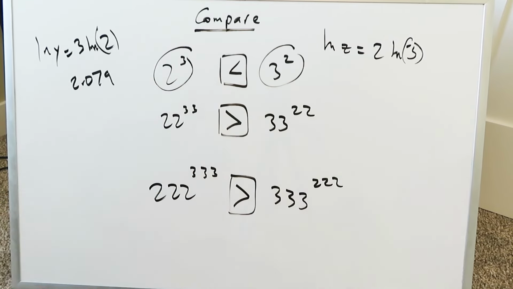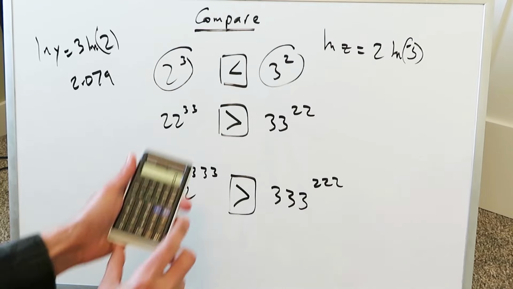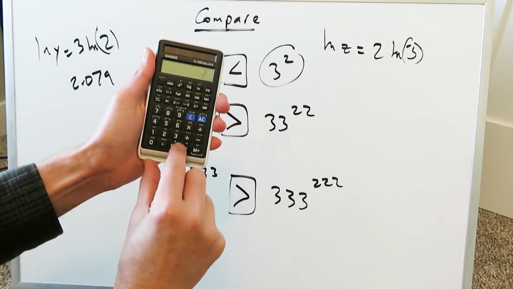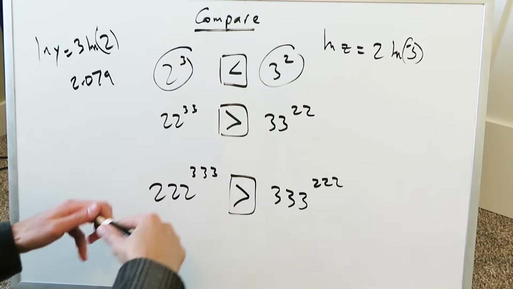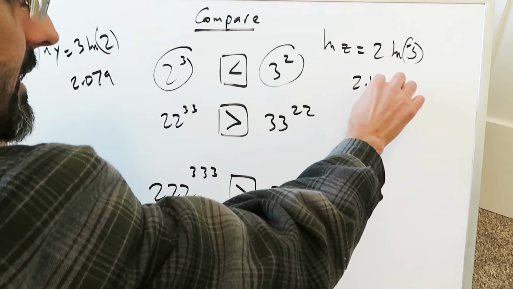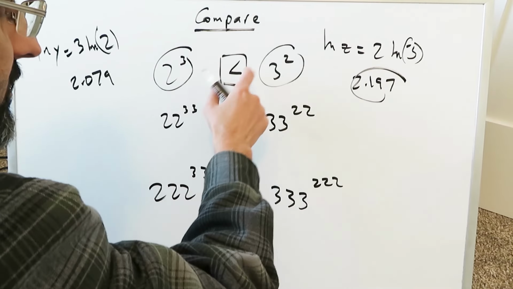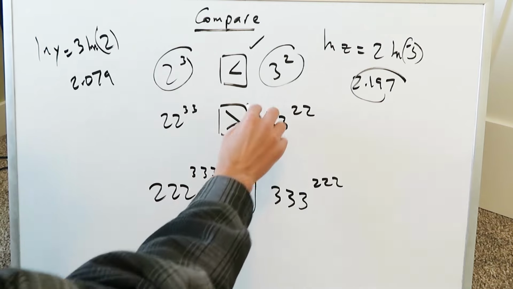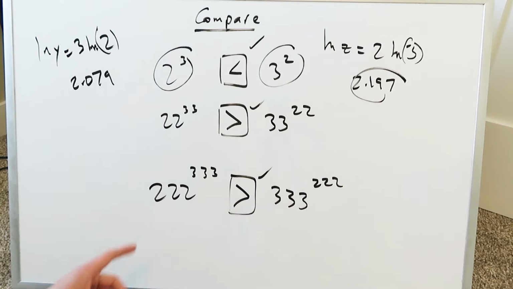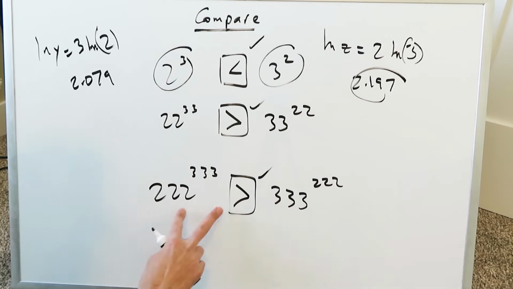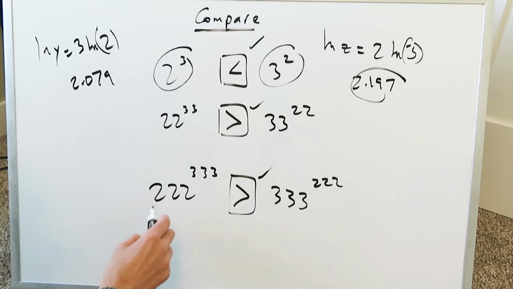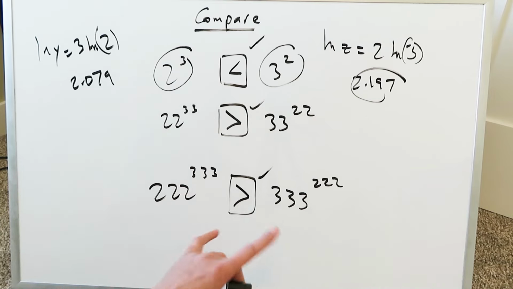Now the other side, 2 natural log 3, I'm getting 2.197, and you see clearly this is larger, and it confirms this to be the case. This was right. So if you're ever challenged with a question like this, bring in the natural logs and then compare your natural log values on either side.